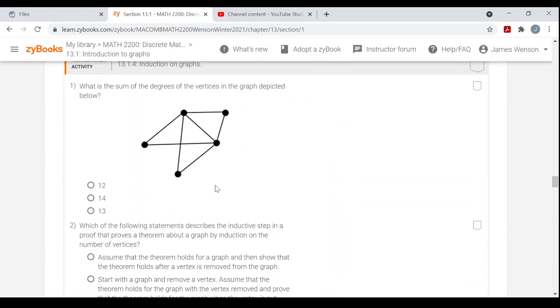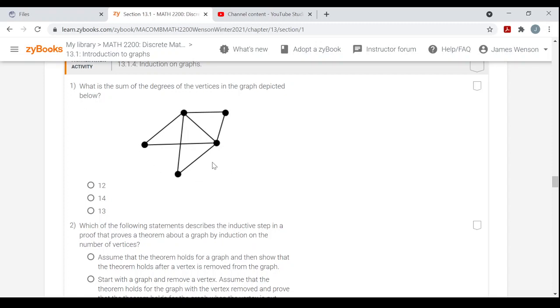All right. So for example here, some use of the theorem. What is the sum of the degrees, the total degree, of the vertices in the graph depicted below? So let's just count the edges. There's 1, 2, 3, 4, 5, 6, 7, so 14. There are 7 edges between these 5 vertices.